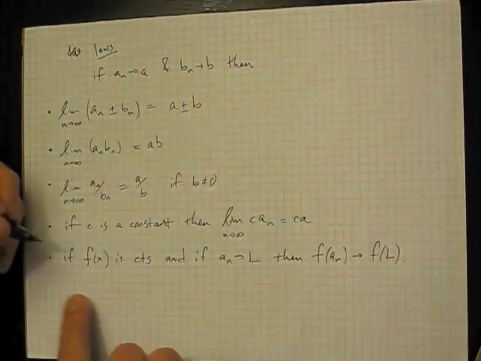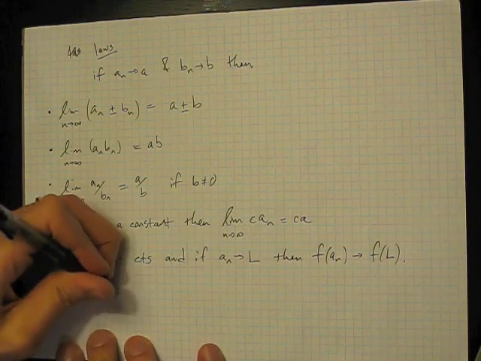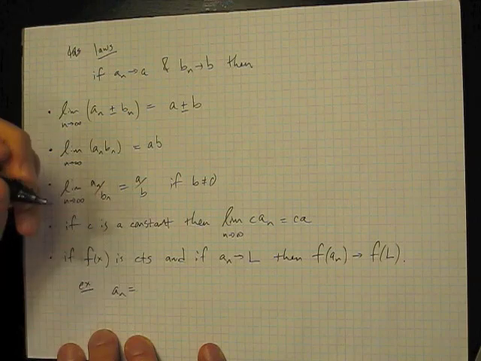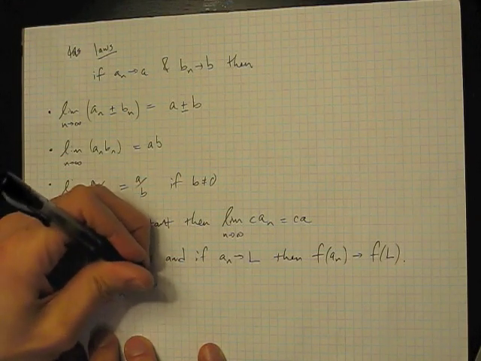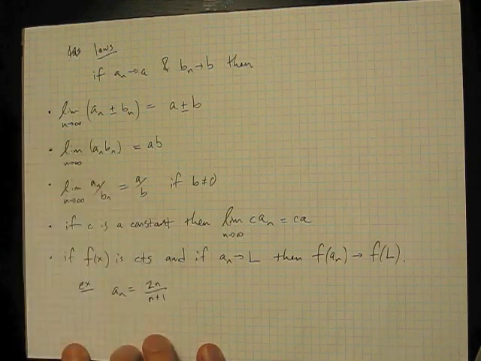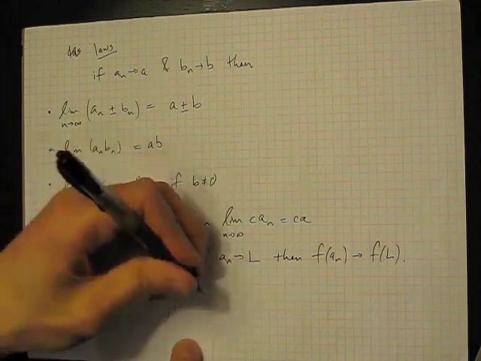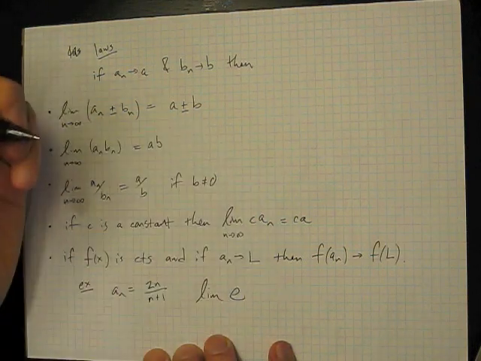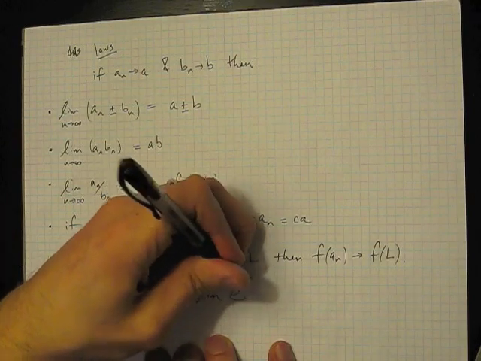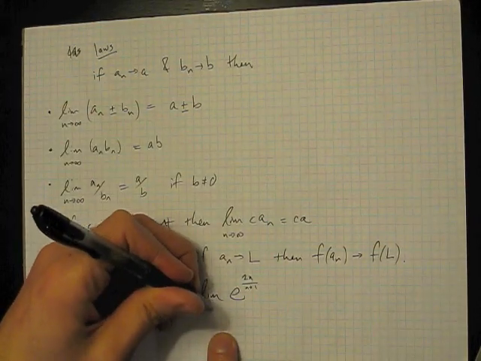Okay, so an example of this last one. Suppose we had our previous example, a_n is 2n over n plus 1, and then we might ask ourselves, well, what about this? The limit of e raised to the 2n over n plus 1, as n goes to infinity.